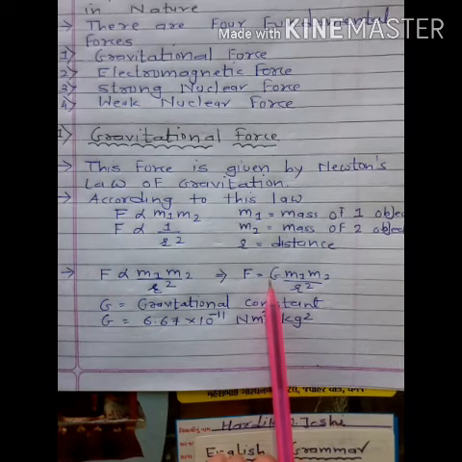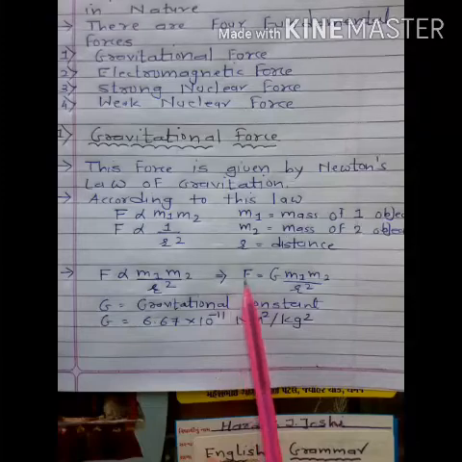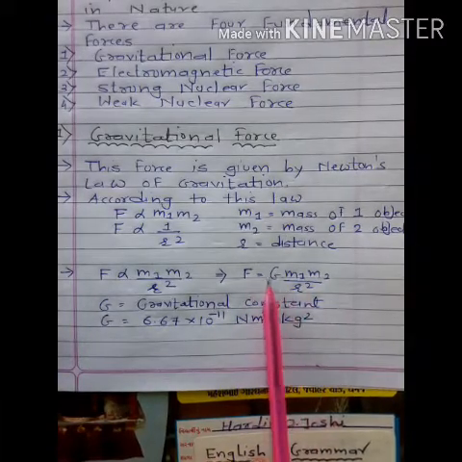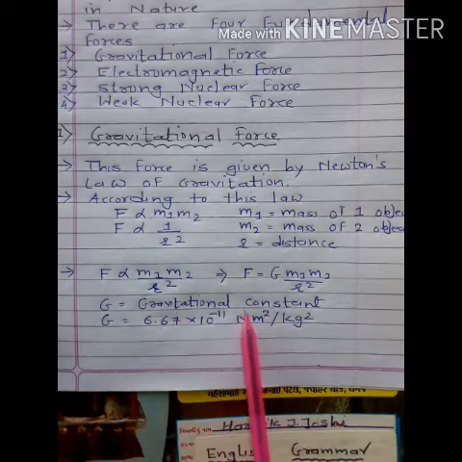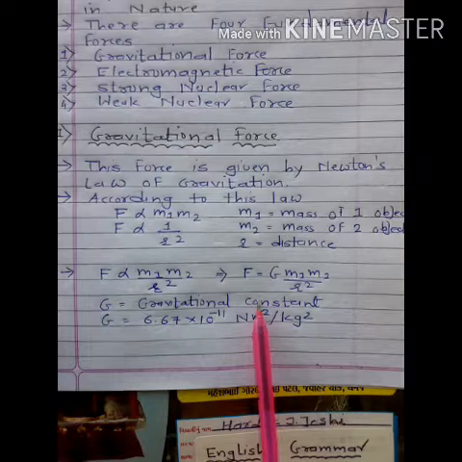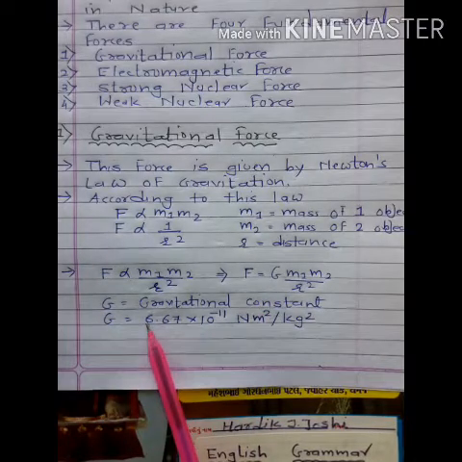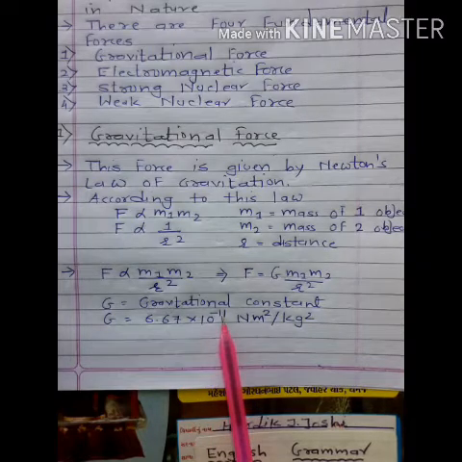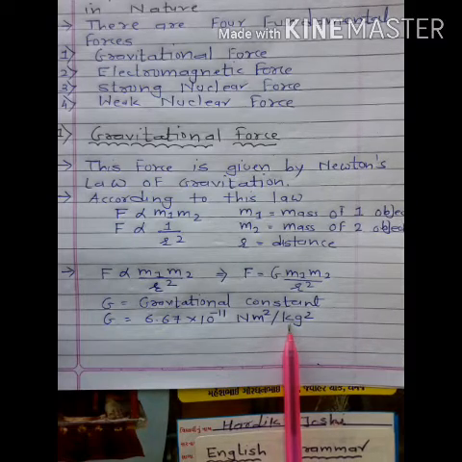Here we use the proportionality constant G. So our equation is F equals G m1 m2 upon r square, where G is known as the gravitational constant, the universal gravitational constant. Remember its value: G equals 6.67 into 10 to the power minus 11 Newton meter square per kilogram square.